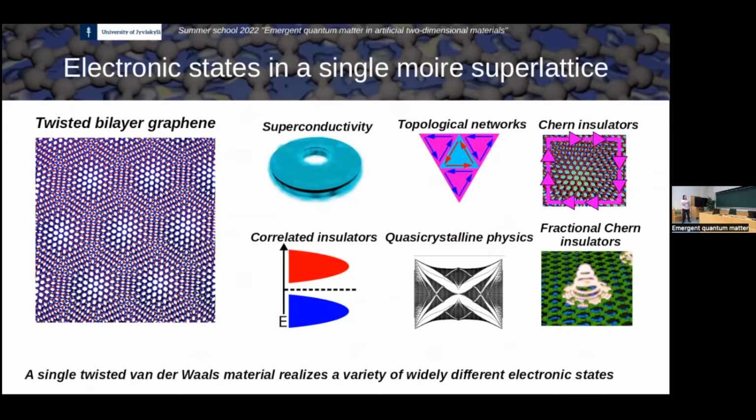So for example, here, you can recognize that you realize both superconductivity and correlated insulators and Chern insulators, some of the electronic states that we've been discussing in the previous sessions. But apart from that, we can also realize different types of topological states, topological networks, fractional Chern insulators, and of course also Chern insulators. And thanks to the Moiré, you can even see quasi-crystalline states that in principle you cannot see in a single monolayer.